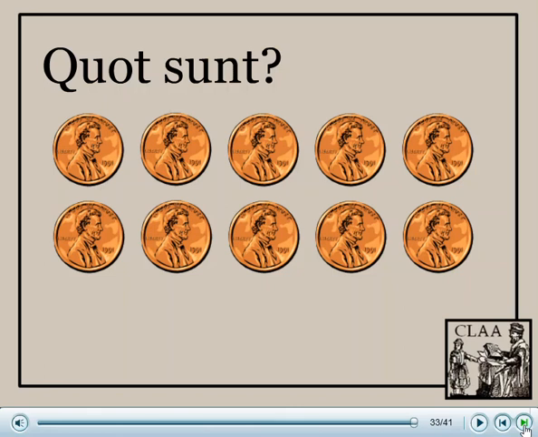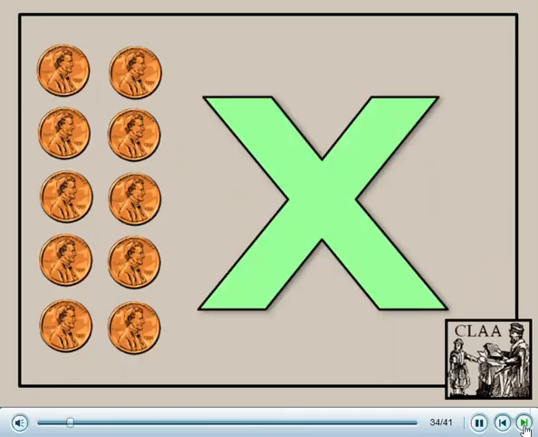Latin for the number 10 is decem. On your screen, there are 10 pennies. Unus, duo, tres, quatuor, quinque, sex, septem, octo, novem, decem.